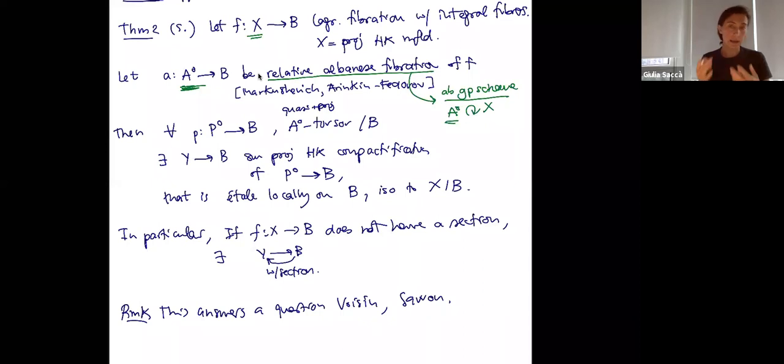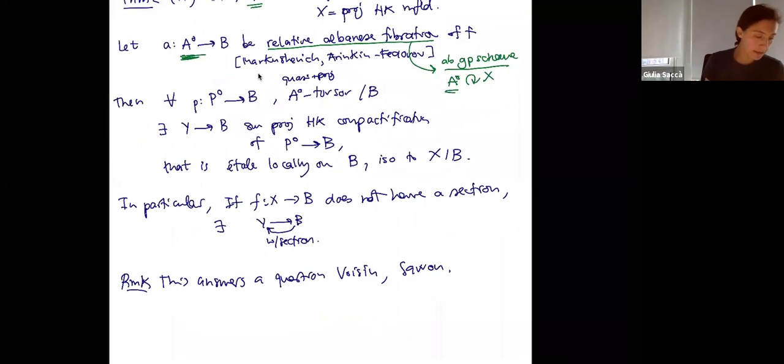So it's an extension of that kind of result. And here I'm not asking the fibers to be principally polarized, but if the fibers were principally polarized, then this fibration with a section would be the same as a compactification of the Pic 0 of the family. Okay, so these are a couple of remarks.